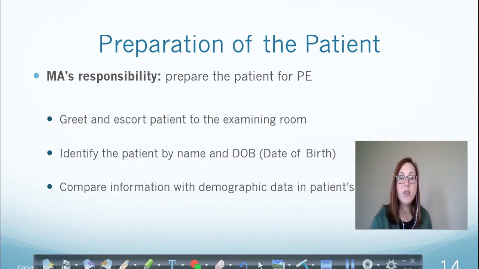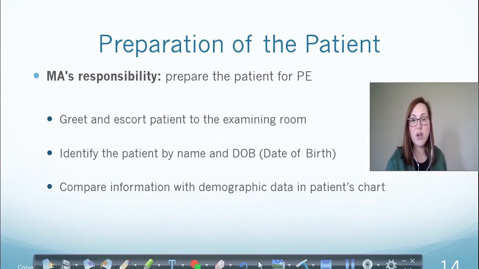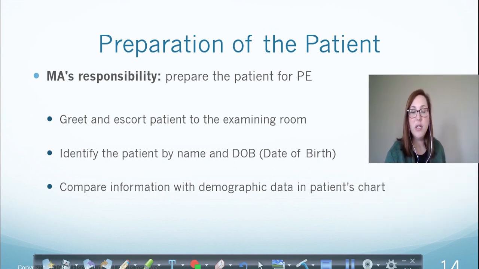You might also have to compare information with demographic data, like their address, maybe the last four of their social, maybe the provider that they're seeing. There are patients with the same name and same date of birth out there. You want to make sure certainly that you have the right patient and are taking them back to the room.